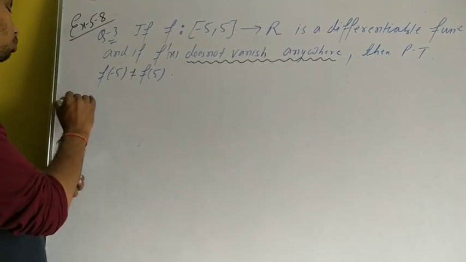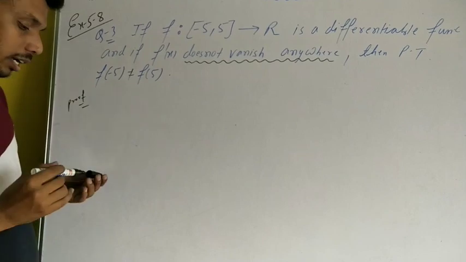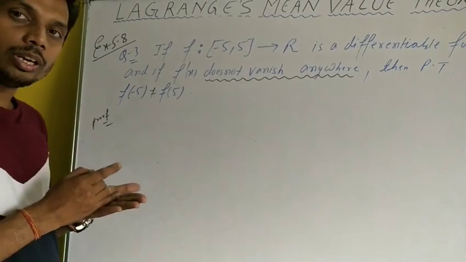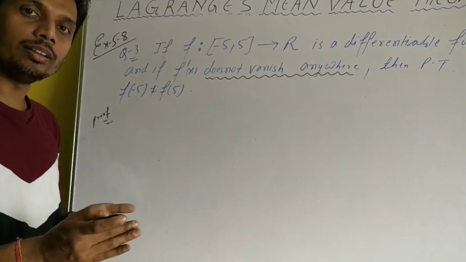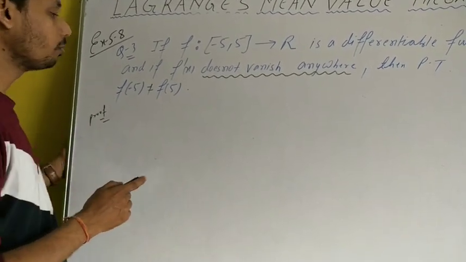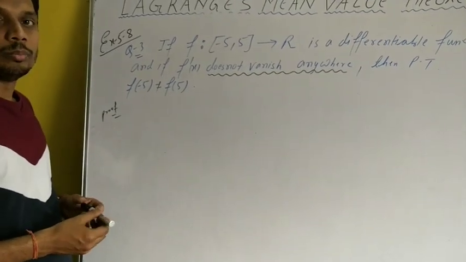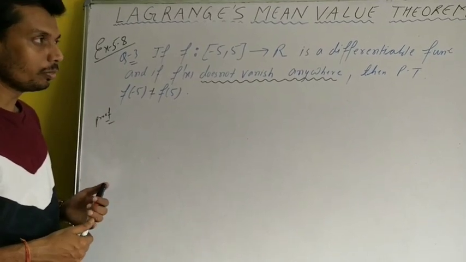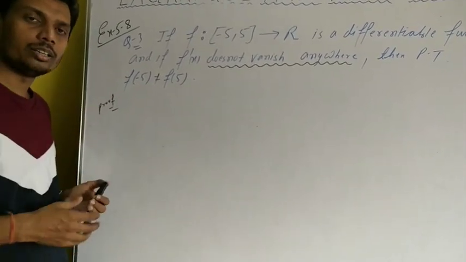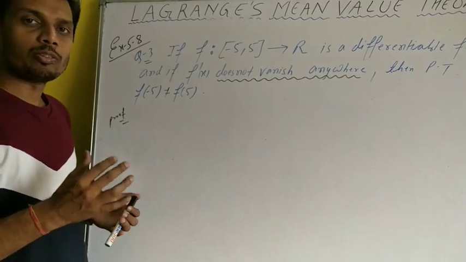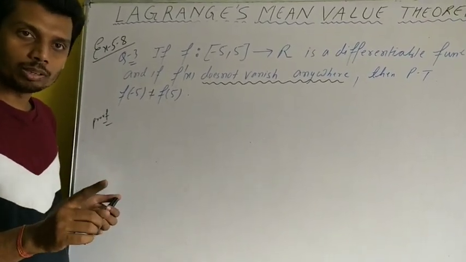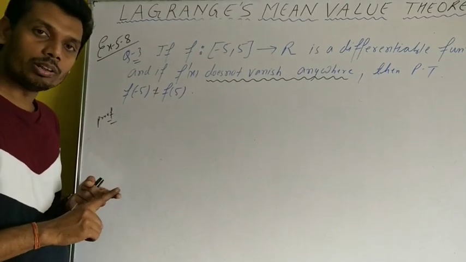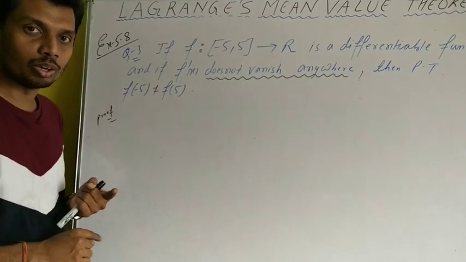Now see the proof part. As in the previous question also I have told you, every differentiable function is continuous, but not every continuous function is differentiable. When I was explaining continuity and differentiability, I also gave the proof of this result, that every differentiable function is continuous but the converse is not true.